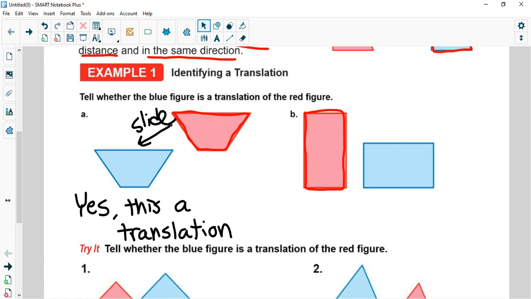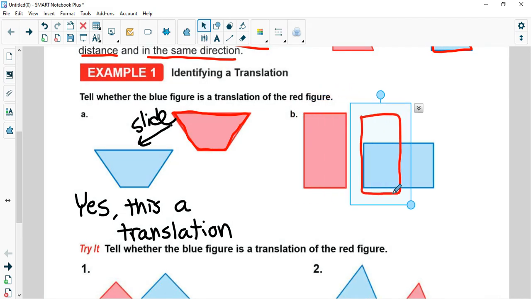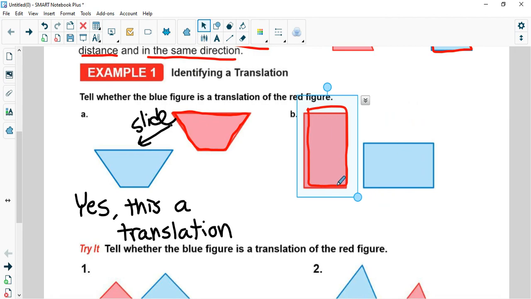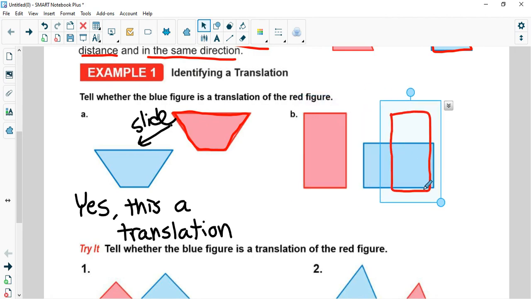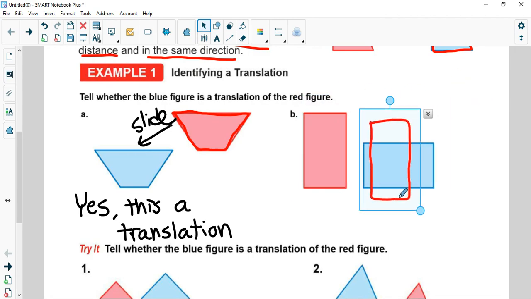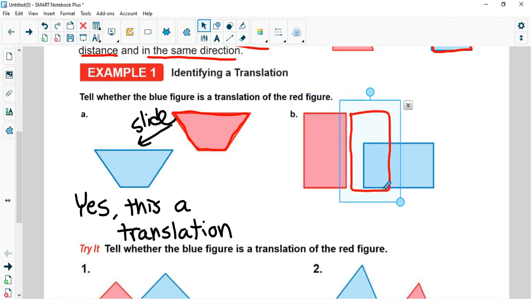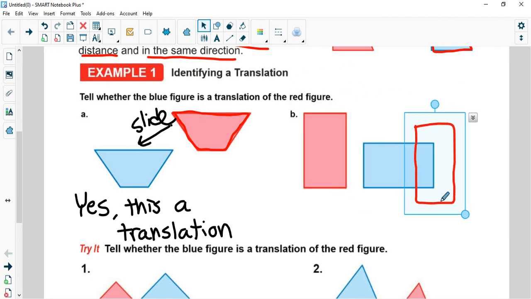Let's check out B. To go from the red to the blue one, is the only thing I have to do to slide the picture over? Well, if I slide the rectangle, is there any way I can slide this in order for it to fit?